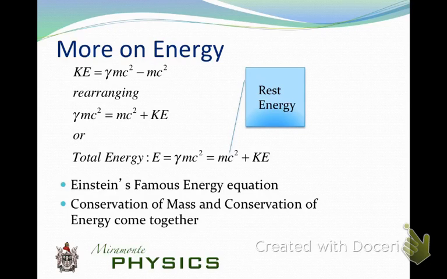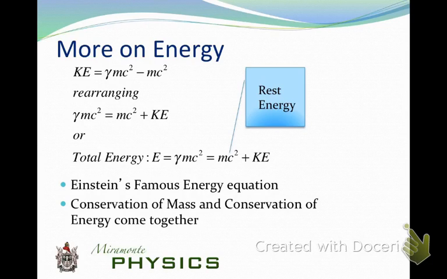But now what we're saying is the total energy of a mass, or a system of particles, is its kinetic energy plus mc squared. So that's a new term in there. That is Einstein's famous energy equation. This is the energy associated with mass just for being. That mass itself has energy associated with it.